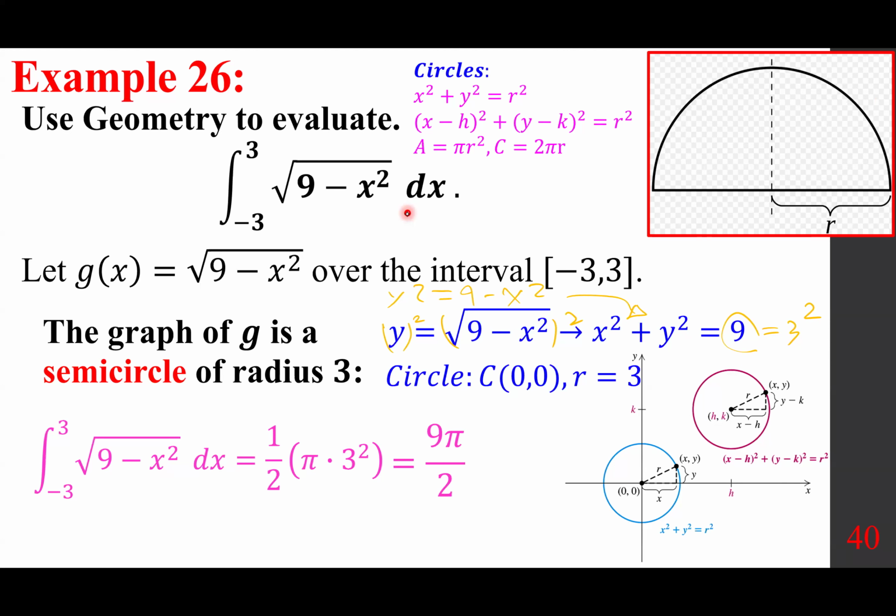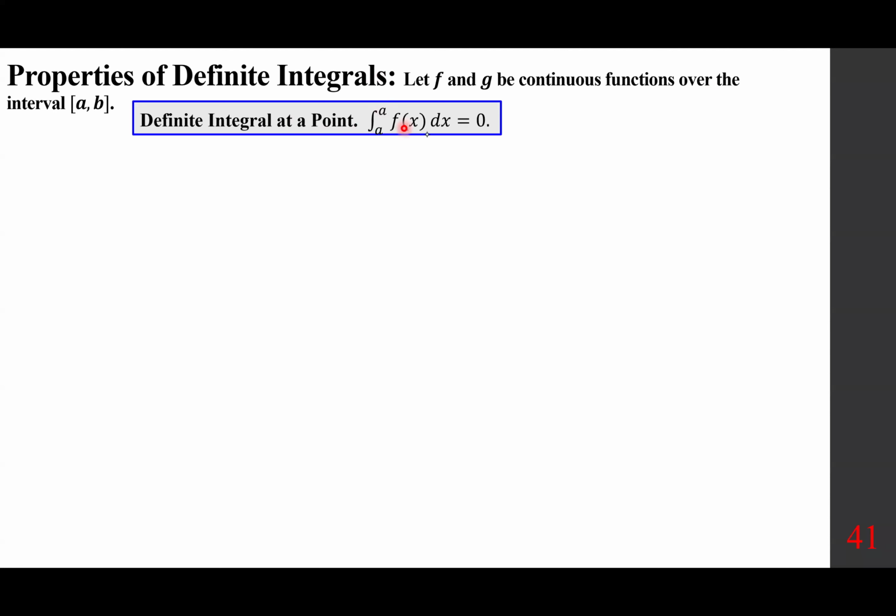All right. Now, properties of definite integrals. Let f and g be continuous functions over some interval of a to b. Definite integral at a point a: if we integrate from a to a, f of x dx becomes 0, because delta x becomes 0. Delta x is b minus a.